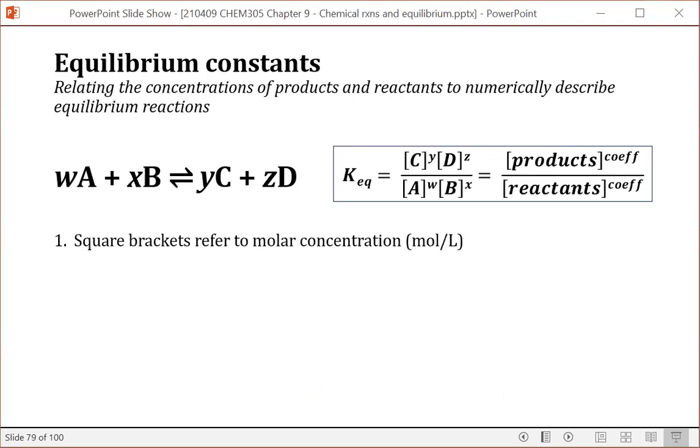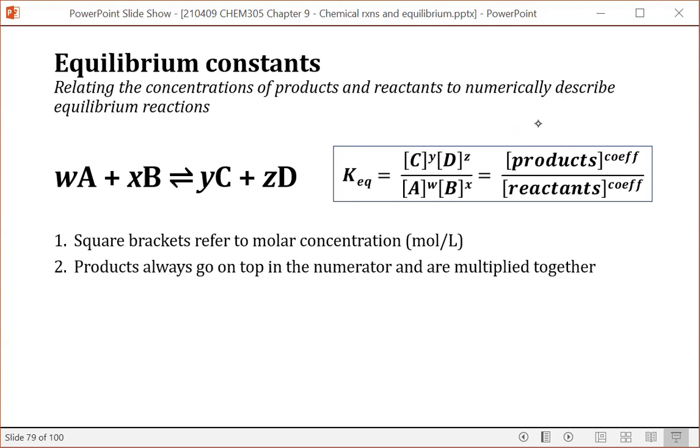Some notes on writing equilibrium constants. The square brackets in the equilibrium constant expression refer to the molar concentration, the concentration of the reactants and products in moles per liter, or molarity. When you're writing a KEQ expression, it's always products over reactants.